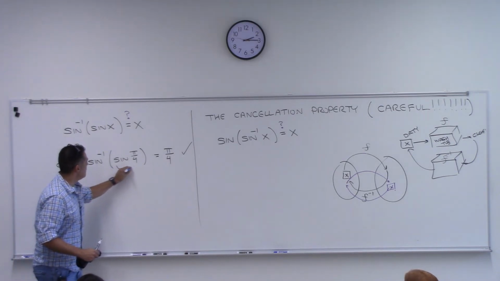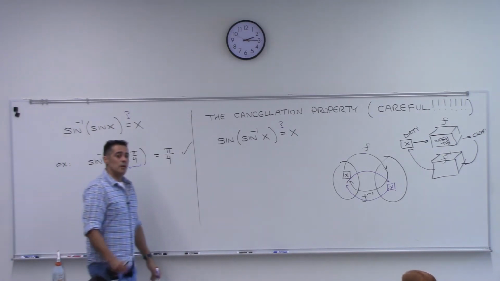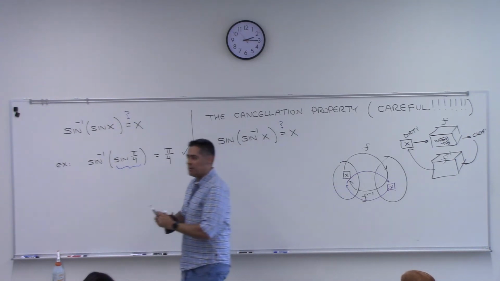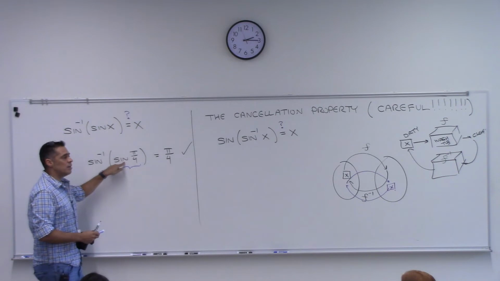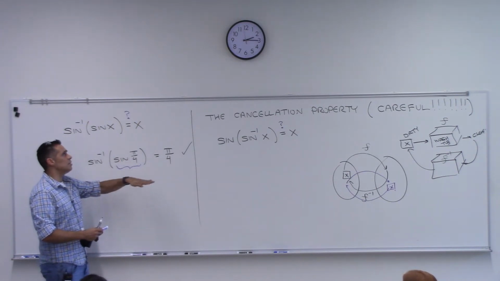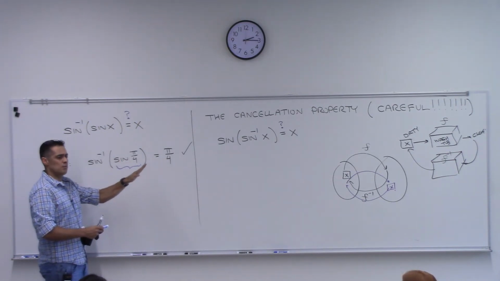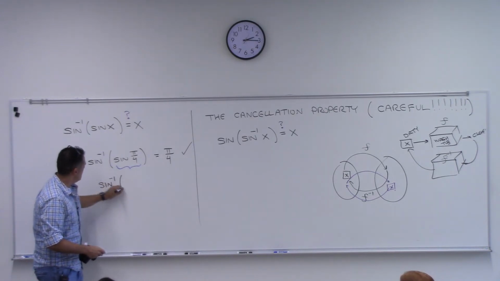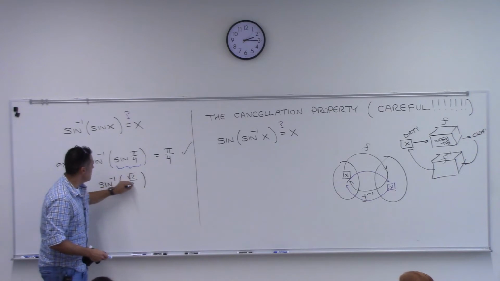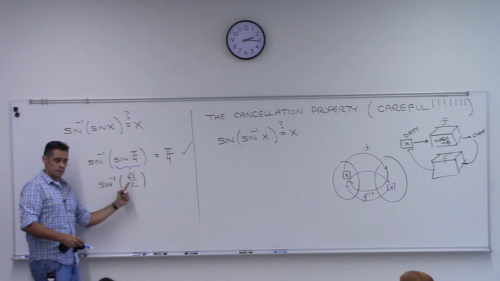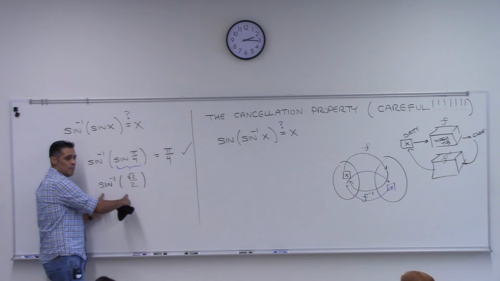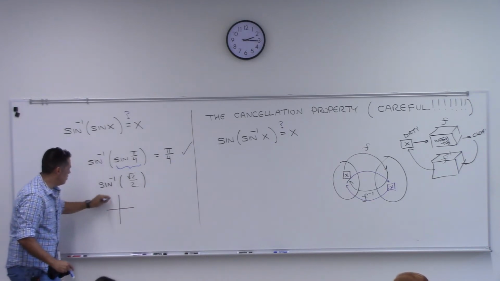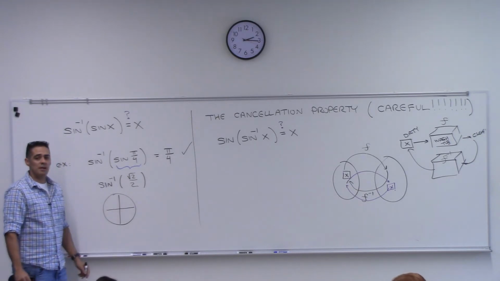What is sine of pi over 4? Root 2 over 2, right? So this is saying, go to pi over 4 on the unit circle, go to the y coordinate. It's root 2 over 2. So this really means sine inverse of root 2 over 2. Now, we just did this problem. This is saying to us, where on the unit circle do we have to cut off?